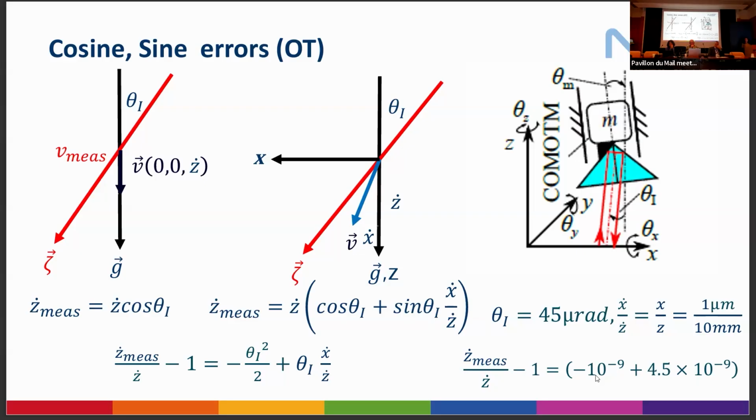So if you want 1 ppb on your cosine error, you have to align to better than 45 microradian. And your sine error would be 4.5 ppb. So the more you minimize the optical target motion, driving this closer to 0, the more you minimize this error.